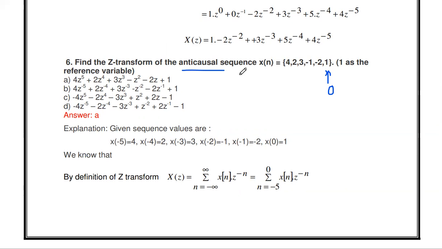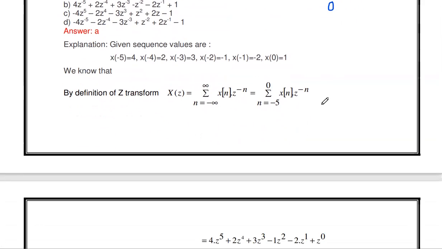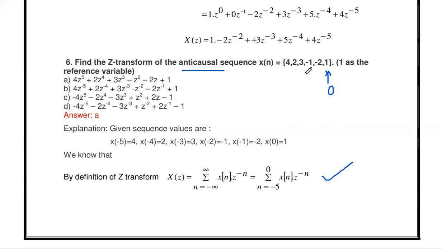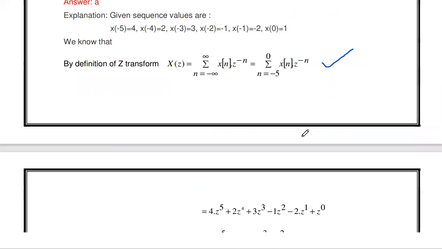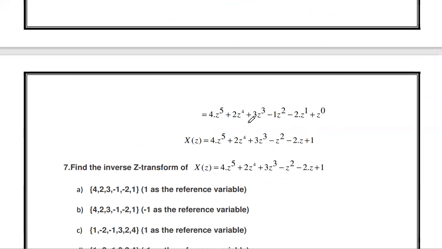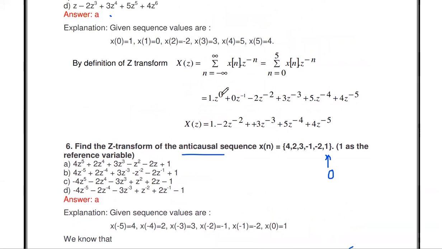Similarly, you just write the Z transform formula. What is the time index range? n is from minus 5 to 0, so x of n Z power minus n. Expand it and substitute the values of x of n. We will get the answer in positive powers of Z. If it is a causal sequence, the answer is an addition of Z power minus terms.